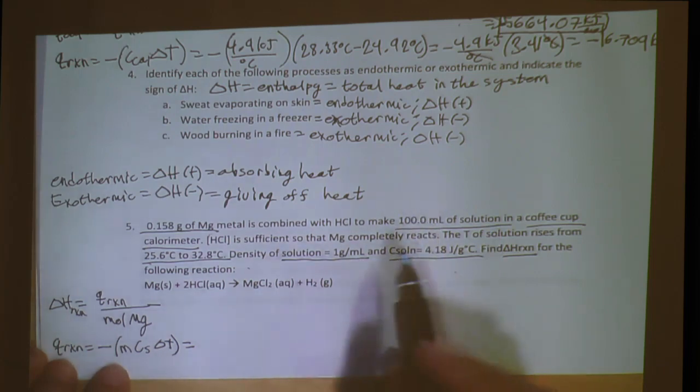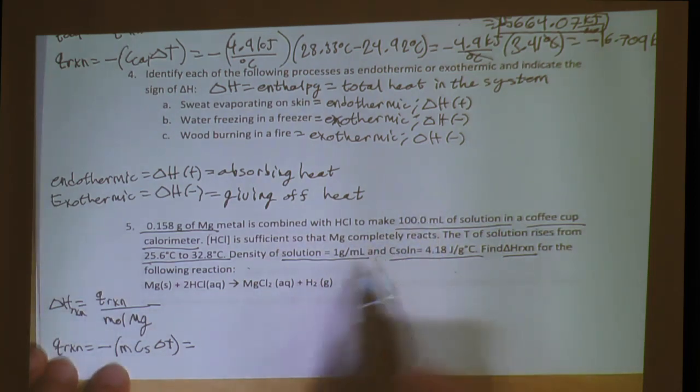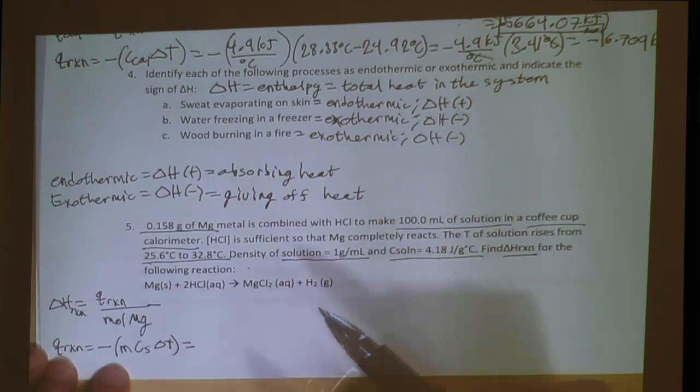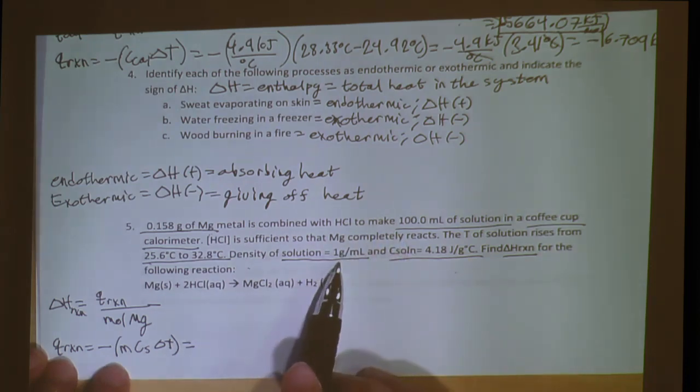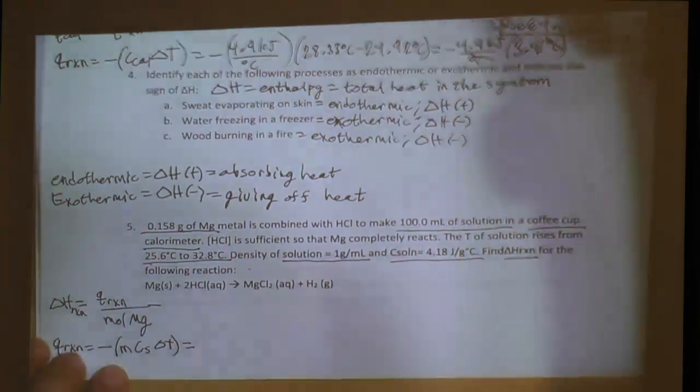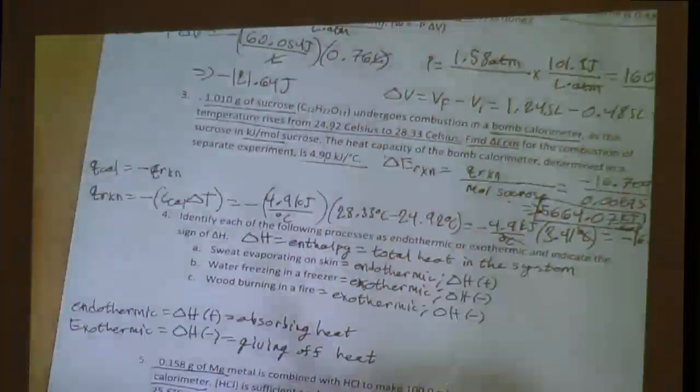So we can, like I always say, manipulate our units to get into mass. So we want to get into grams here, right? Because grams is mass. I'll go on scratch paper because I'm running out of room here.